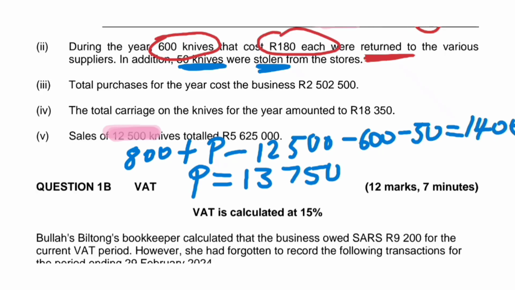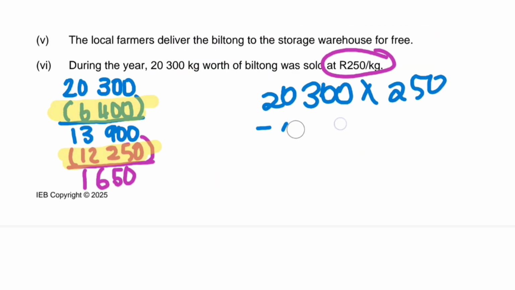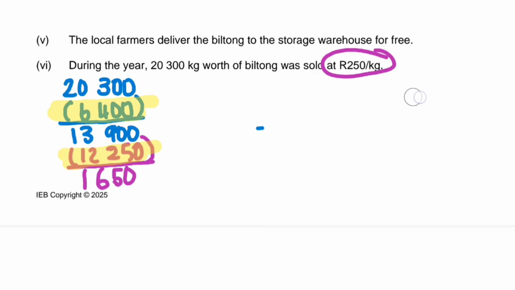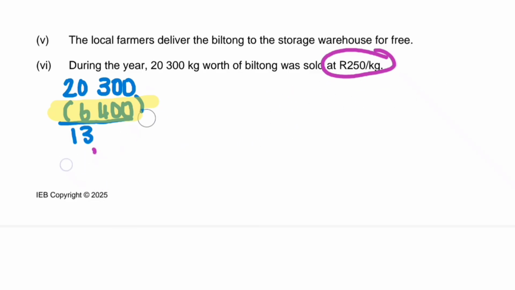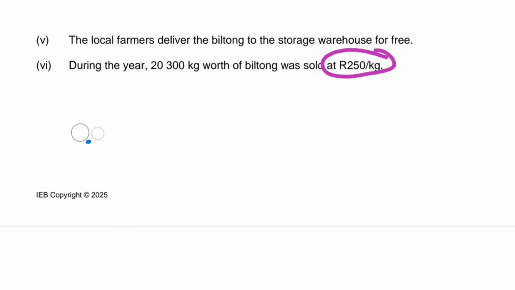Next, we are required to work out the weighted average price per knife. So we do that. Let's just clean up all this stuff so that we can have a bit of working space. We're going to add all the cost of the knives that we have available for sale, and divide that by the number of knives we have, and that should give us the average.